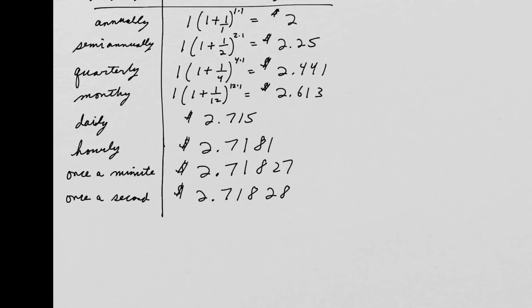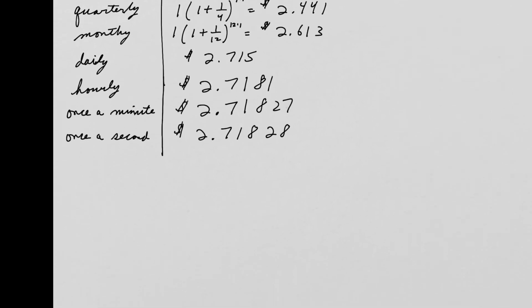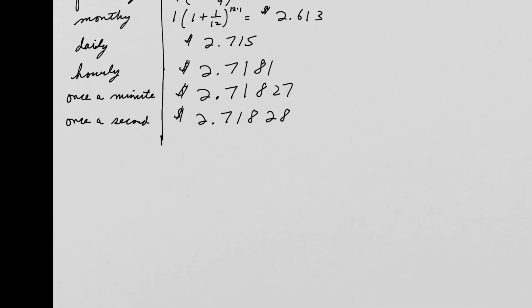And it turns out, you can see this is sort of like reaching some limit, right? Where it's not getting any larger. And it turns out if you're to do this continuously, then you end up with a number that's 2.71828. And of course I'm rounding because I have to. So this number goes on forever, right? It never ends.